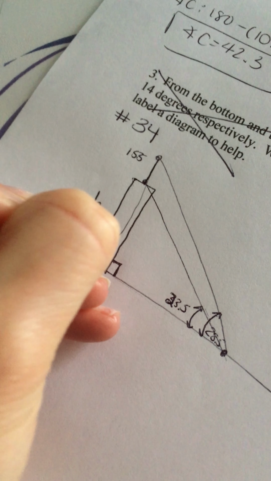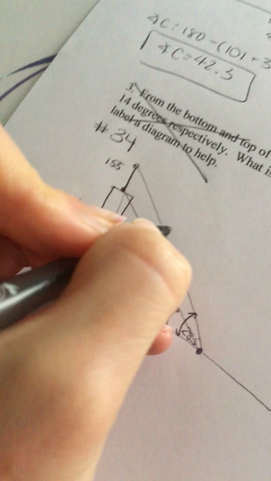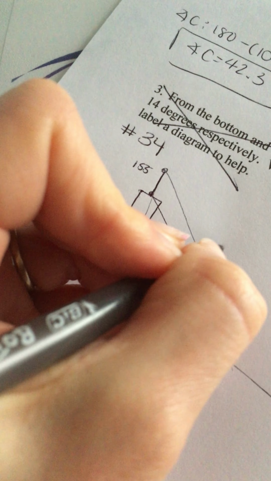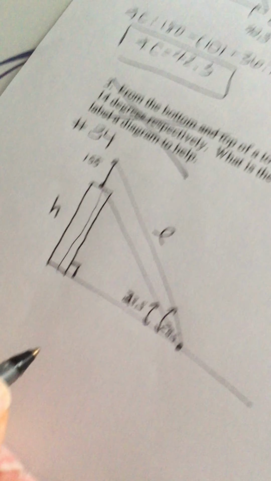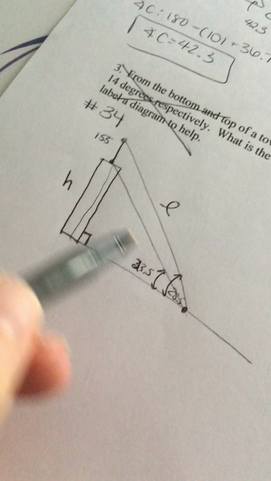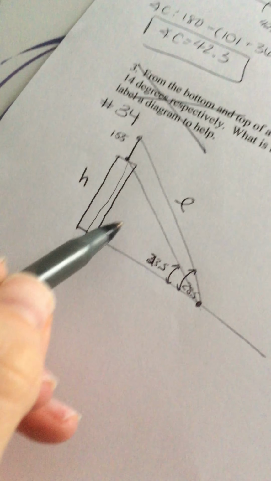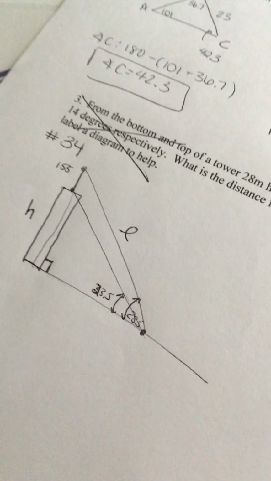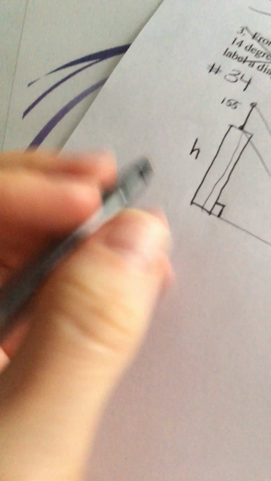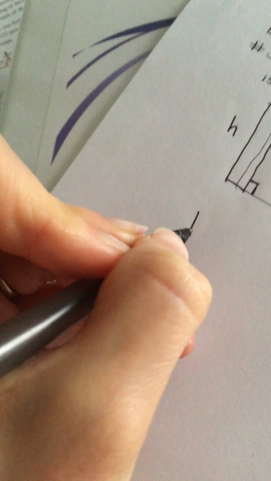I'm going to call the height of the building H. I'm going to call this hypotenuse L. I'm going to separate out these three triangles: two right triangles and a weird non-right triangle. So I'm going to draw this big triangle here.